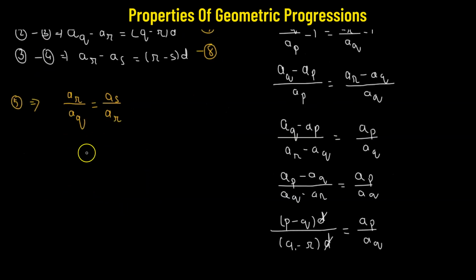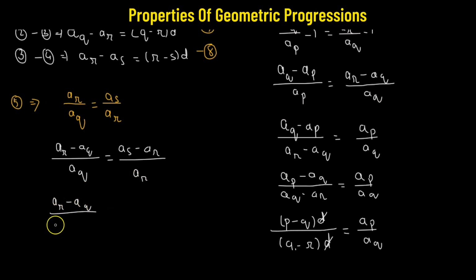Now we're going to subtract 1 from both sides. So we have the Rth term minus the Qth term divided by the Qth term, that's equal to the Sth term minus the Rth term divided by the Rth term. Rearranging, we have AR minus AQ divided by AS minus AR, which will be equal to AQ over AR.